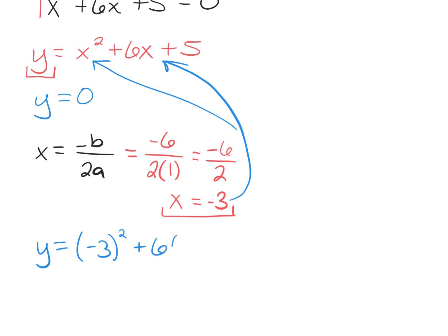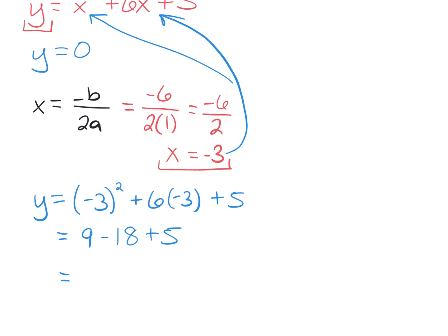Nope, 6 times -3. And then plus 5. So now we just have to simplify. What's (-3) squared? 9. 6 times -3 is -18, plus 5. Type that in your calculator: 9 minus 18 plus 5 gives you -4.